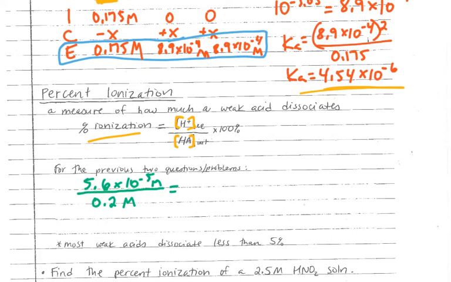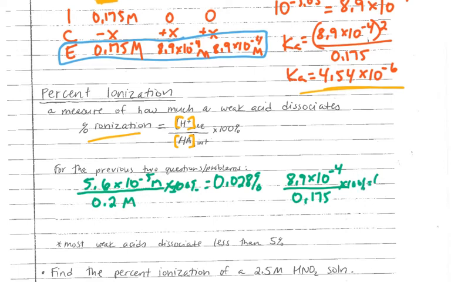So the percent ionization there, I should say times 100%, is 0.028%. And then in the second problem, we had 8.9 times 10 to the negative fourth, and the initial concentration was 0.175 times 100% is 0.51%.